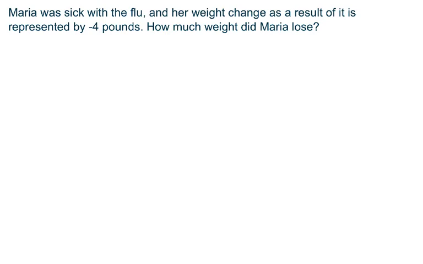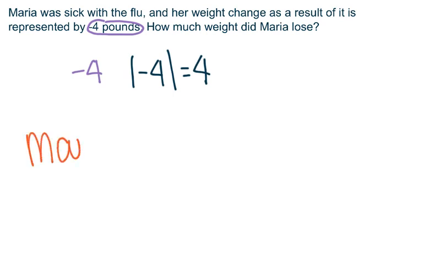Maria was sick with the flu, and her weight change as a result of it is represented by negative 4 pounds. So how much weight did Maria lose? We are going to take our negative 4 pounds and find the absolute value. The absolute value of negative 4 is equal to 4. So Maria lost 4 pounds.